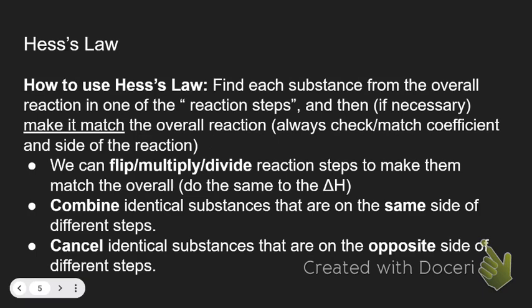You can multiply everything by some coefficient to get the coefficients to match. And when you combine the individual steps, if certain substances appear on the product side of one and the reactant of another, they will cancel out if they're on opposite sides. So it's really a puzzle, but we're going to do another example together.